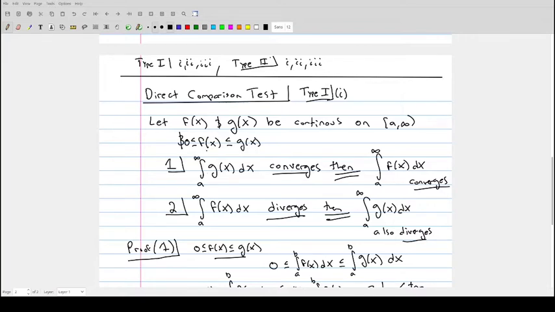And if we're trying to show that a function g of x diverges, then we have to find an f of x that is below this g of x, whose integral also diverges. So it has to be a positive f of x below the g of x. That guarantees that the f of x's integral is going to diverge. That will force this g of x to also diverge. And this positive is also very important. We have to guarantee that this inequality is satisfied.